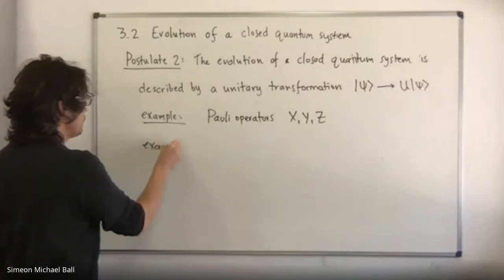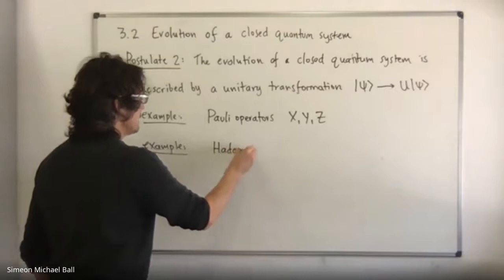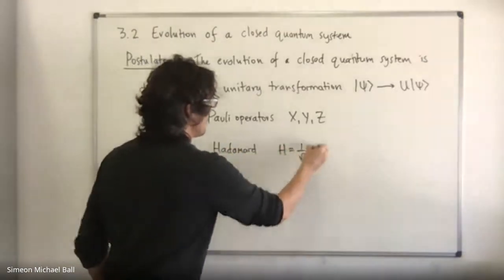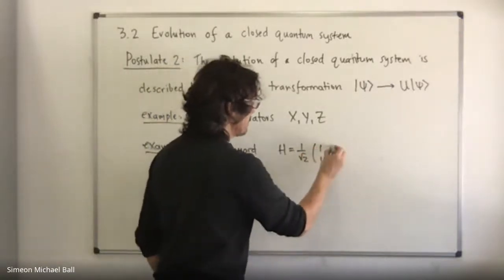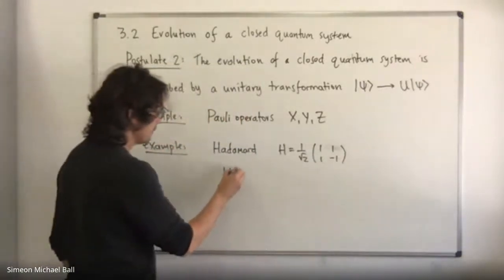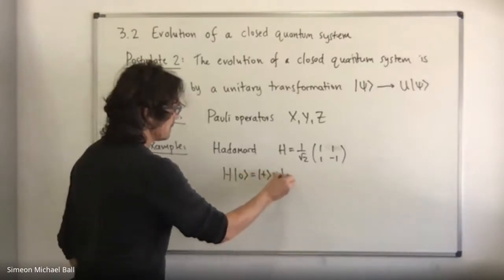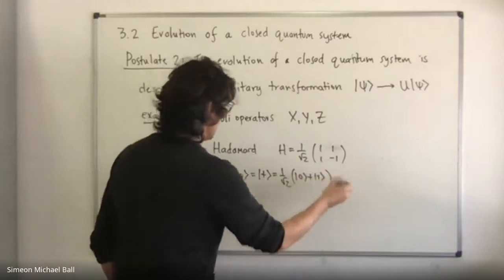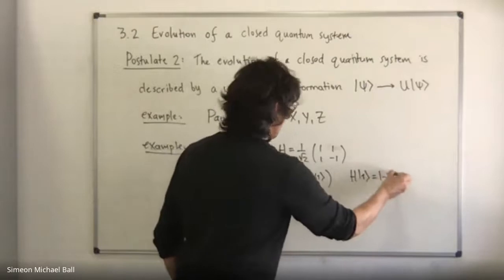Another important one for us will be the Hadamard, which we've already seen, which as a matrix is 1 over root 2 times the matrix. And we recall that H of 0 was plus, which is the perfect superposition, and H of 1 is minus.